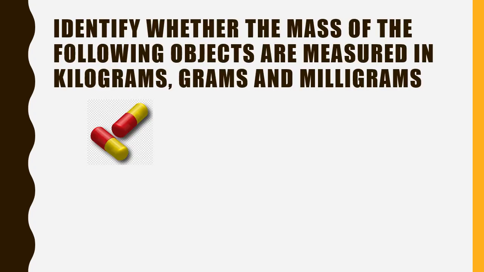Now let's have a short activity. I want you to identify whether the mass of the following objects is measured in kilograms, grams, or milligrams. Number 1. Capsule. What do you think is the answer? Is it kilogram, grams, or milligrams?